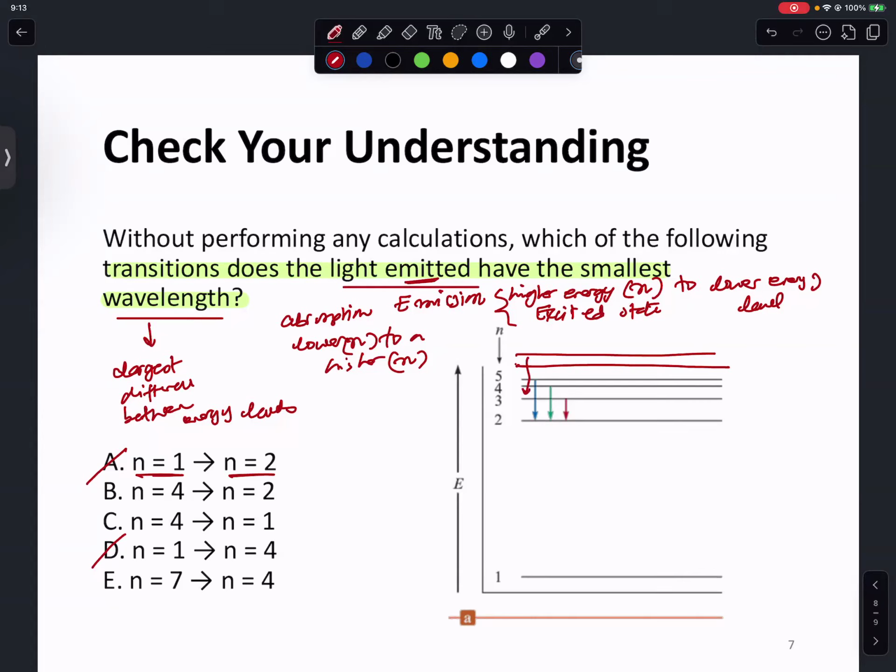So 7 to 4 cannot be the smallest wavelength. It will actually be a longer wavelength. So we're looking for the highest energy difference, and then between 4 to 2 and 1, of course, 4 right here is closer to 2 than it is to 1. So the answer will be C: emission, and then smallest wavelength, which is the highest energy.